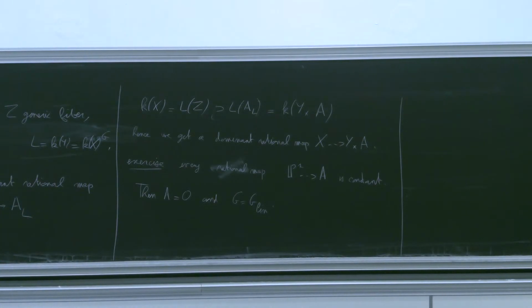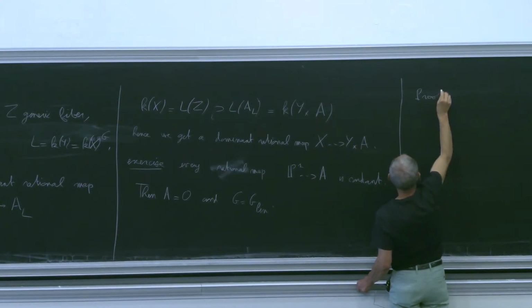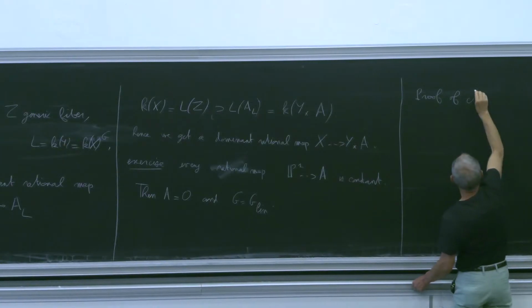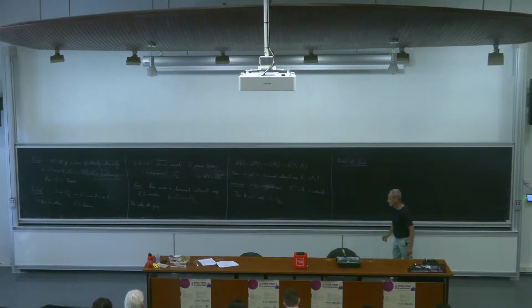Now let me try to prove the claim. Well, we have a homogeneous variety Z under G_lin, and we will have a second claim.